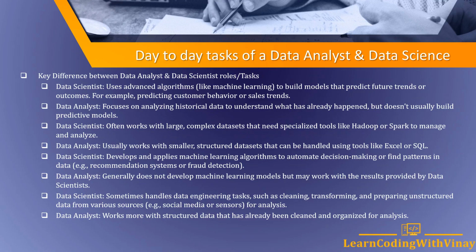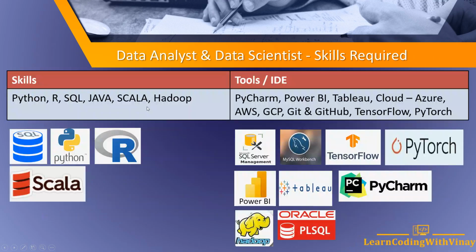Right. Now, one thing I want to highlight here is that data science and data analysis, if we talk about India, are now separate graduation fields. So you can choose these two as your graduation or master's program as a major subject, right?